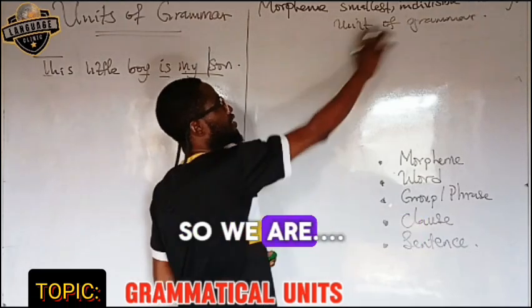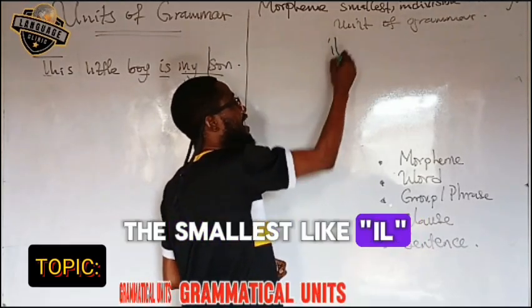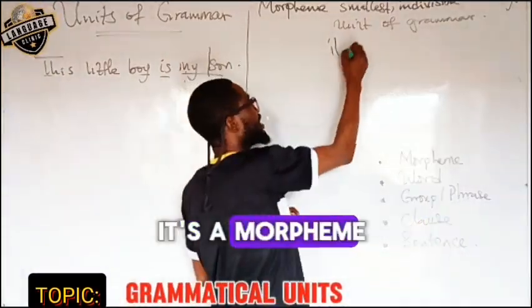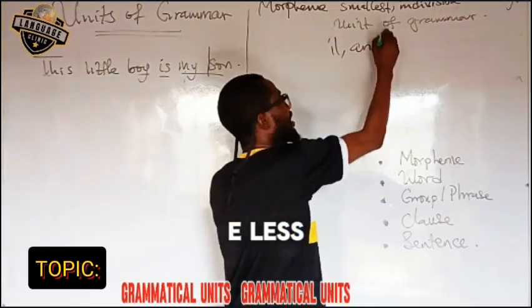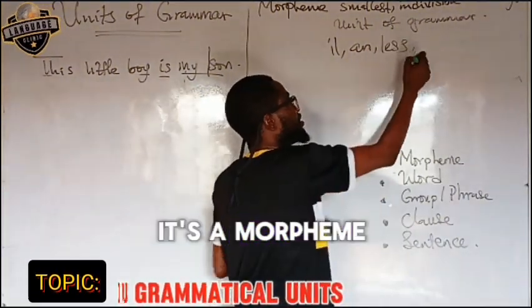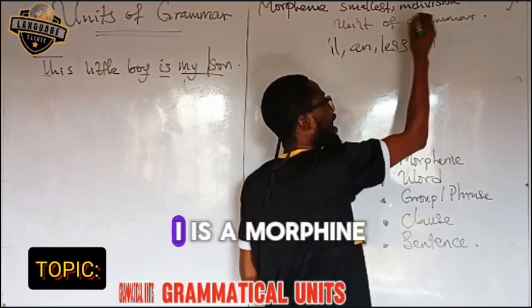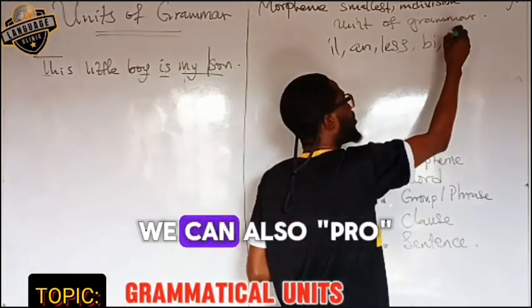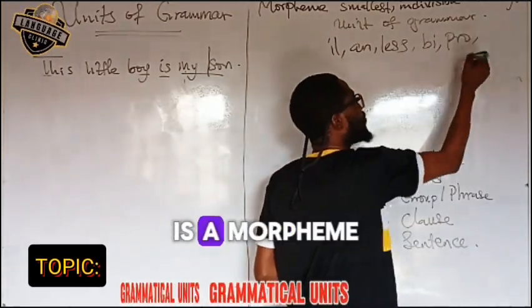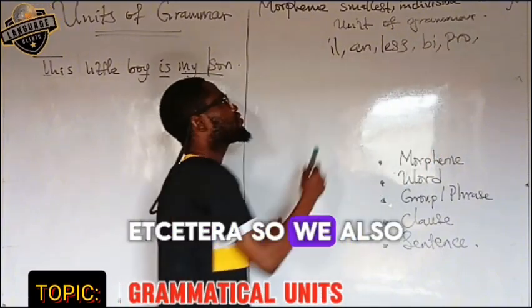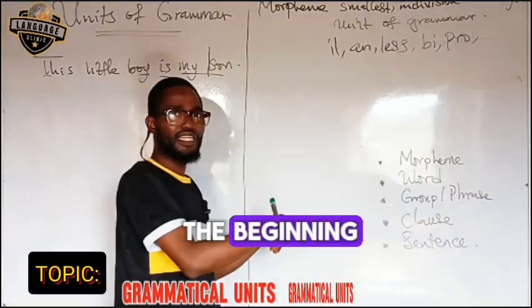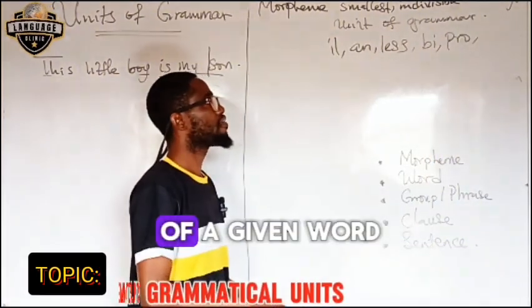So we have the smallest ones, like il, it's a morpheme. An, it's a morpheme. Less, it's a morpheme. Then bi, it's a morpheme. We can also have pro, it's a morpheme, etc. Some morphemes can come at the beginning or at the end of a given word.